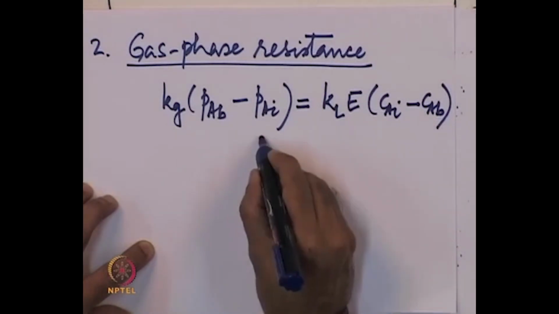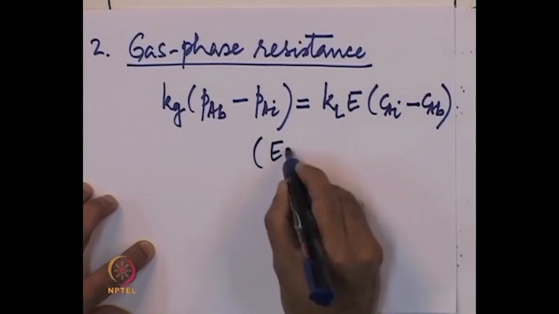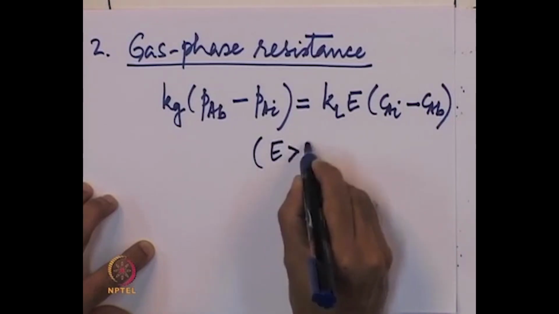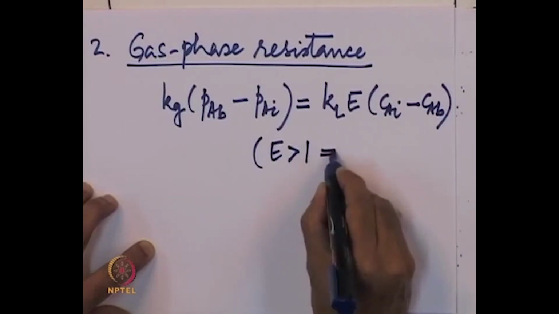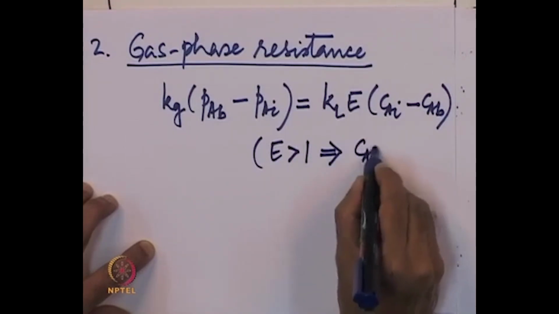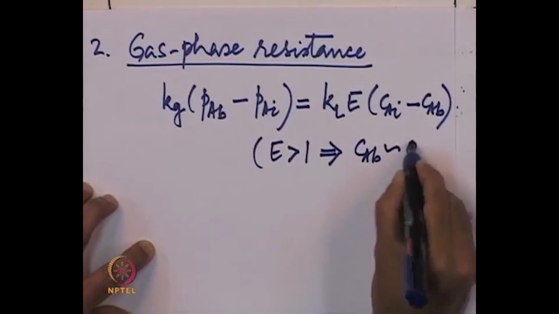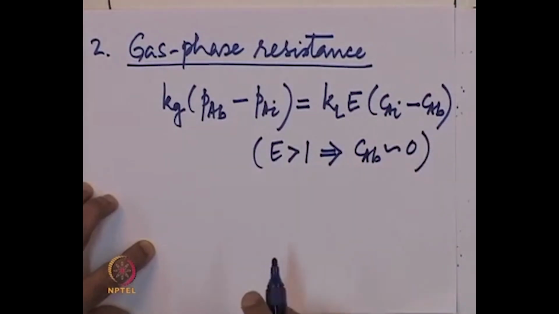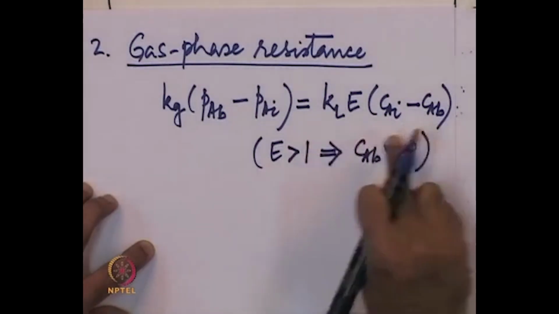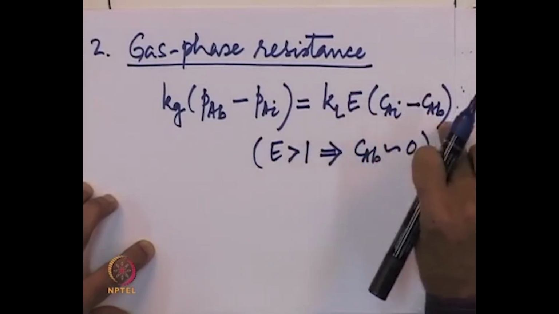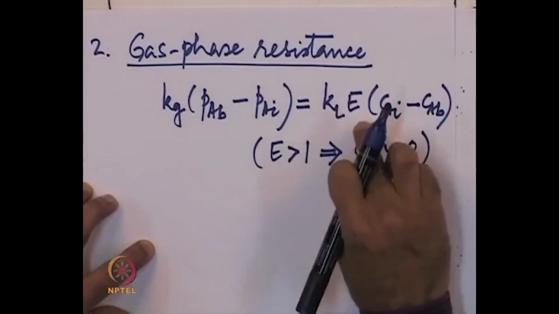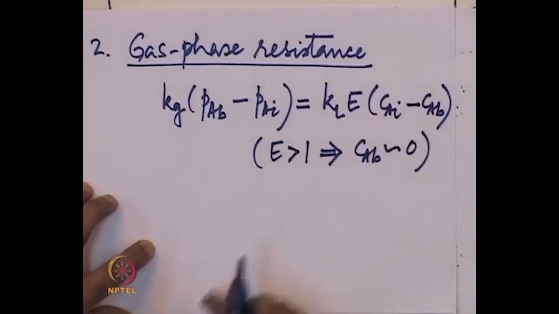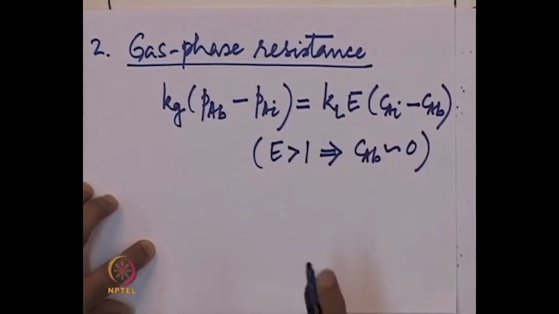And usually, as we have seen, if the enhancement factor needs to be considered, if E is greater than 1, it usually implies that C_AB is close to 0. So, either you have a situation where the rate is given by k_L into (C_AI minus C_AB), or you have a situation where it is given by k_L into E into C_AI, C_AB being equal to 0.